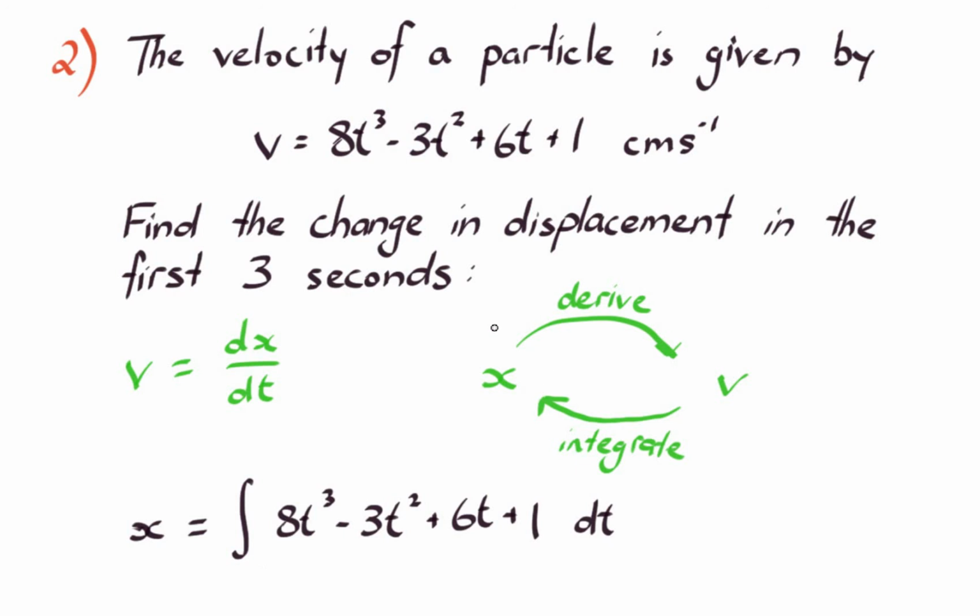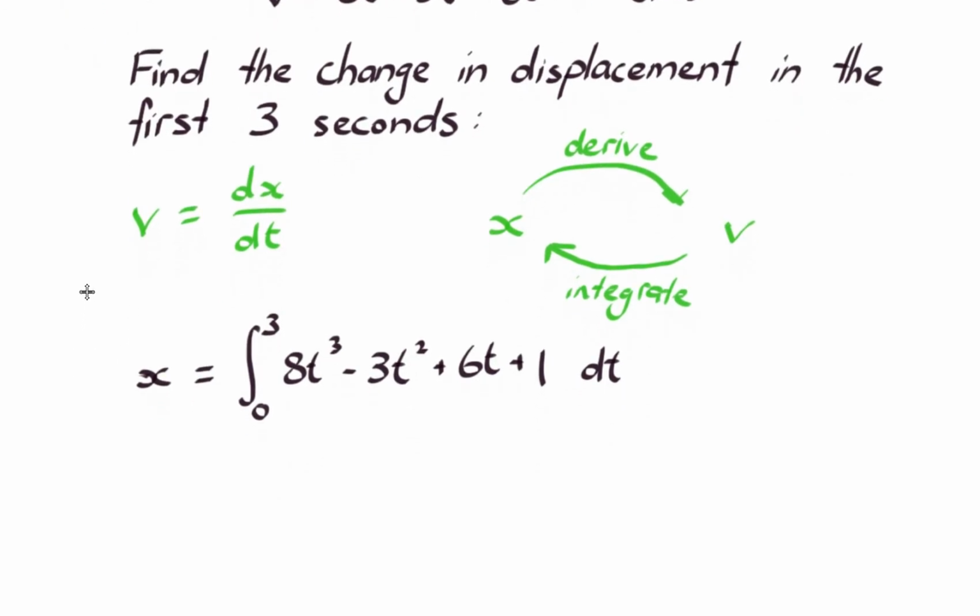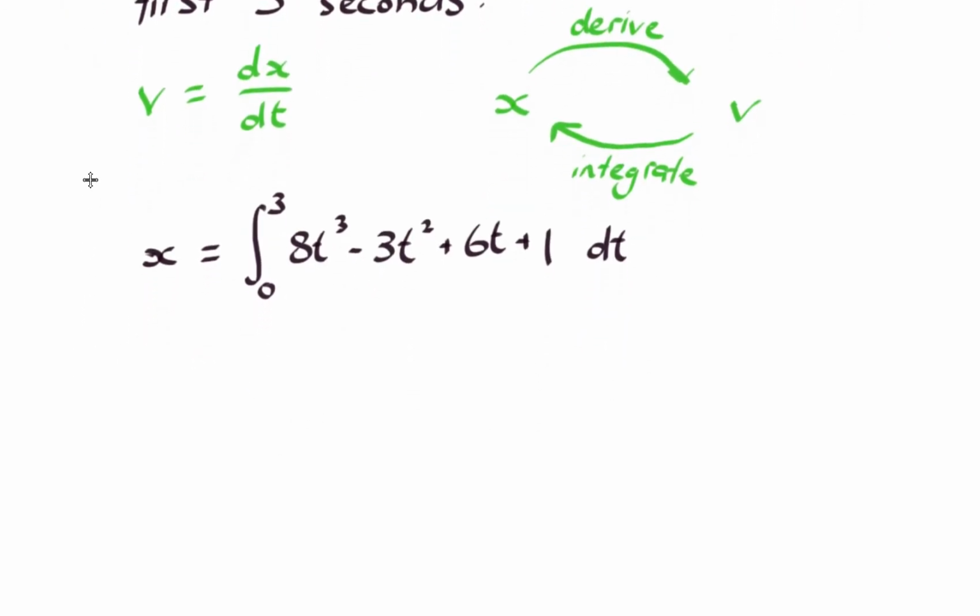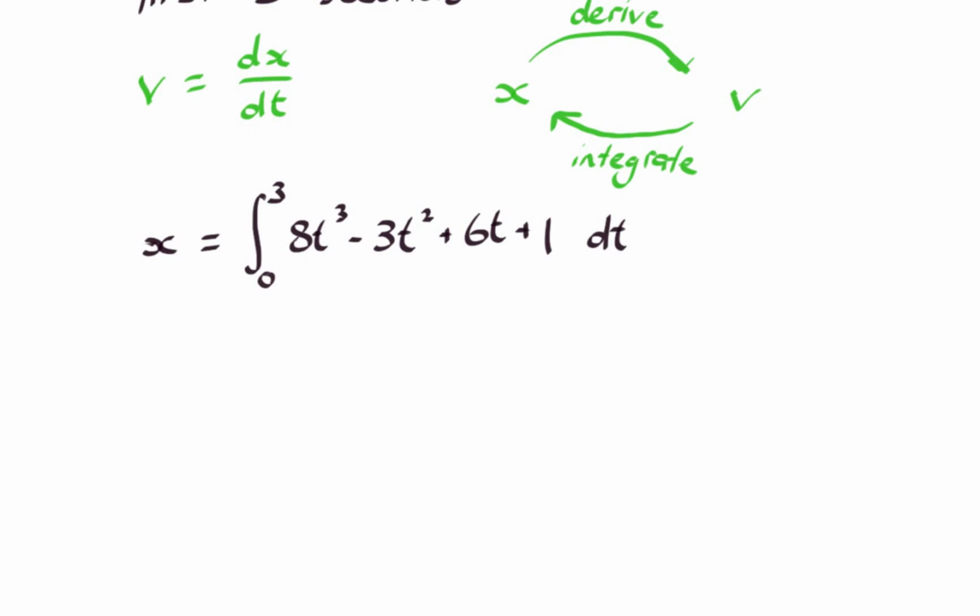Well, yeah, we are after the change in displacement in the first 3 seconds. So from time equals 0, when this particle sets off, up until the 3-second mark. So now that we've set up the question, we just need to integrate. Let's do it term by term.